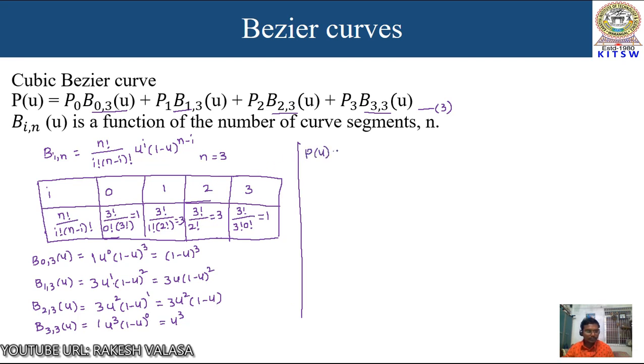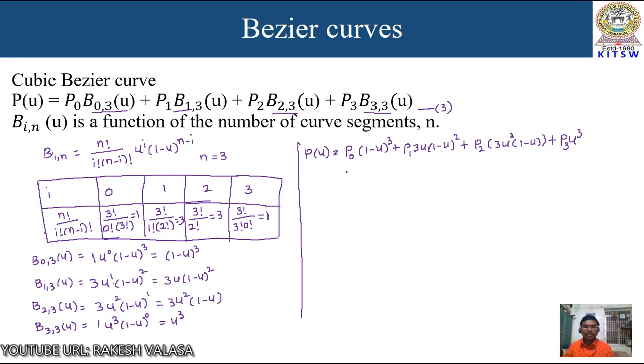P of u equal to P naught, B 0 comma 3 of u equal to 1 minus u whole cube, plus P1 into B1 comma 3 of u, that value is 3u into 1 minus u whole square, plus P2 into B2 comma 3, that is 3u square into 1 minus u. The last one is P3 into B3 comma 3, that is u cube, P3 u cube.